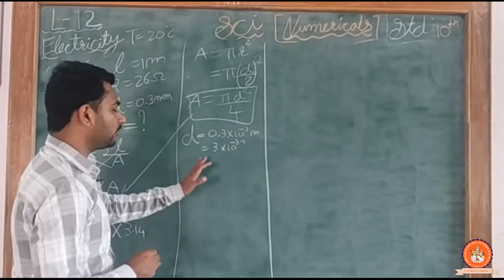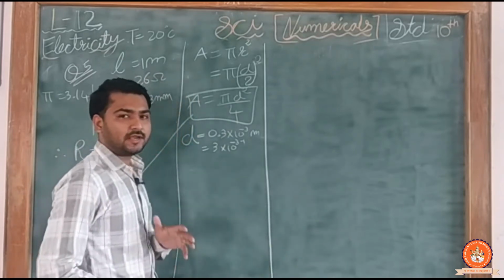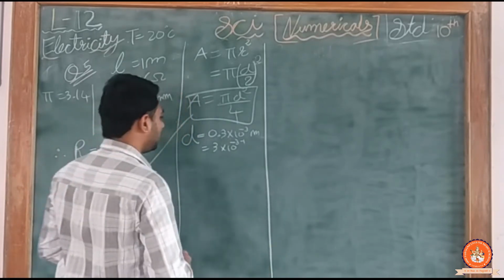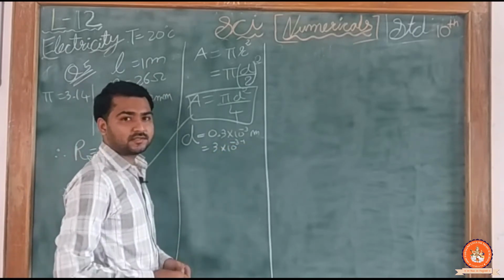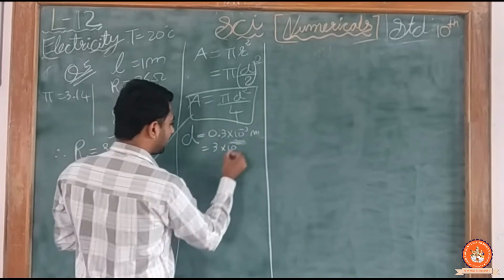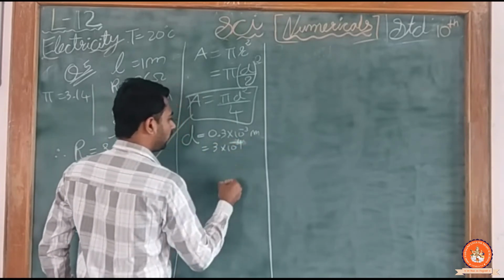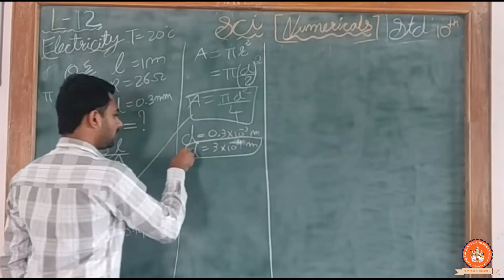I told you that if I am taking the decimal on the right side of the digit, it becomes 10 raised to -1. So 10 raised to -3 and -1 means 10 raised to -4 meter. So this is the value of D.